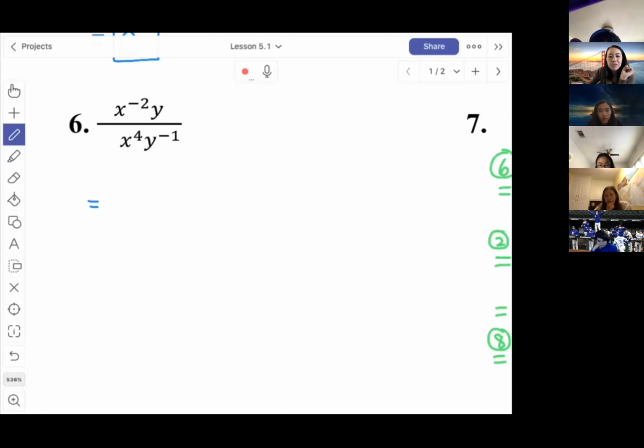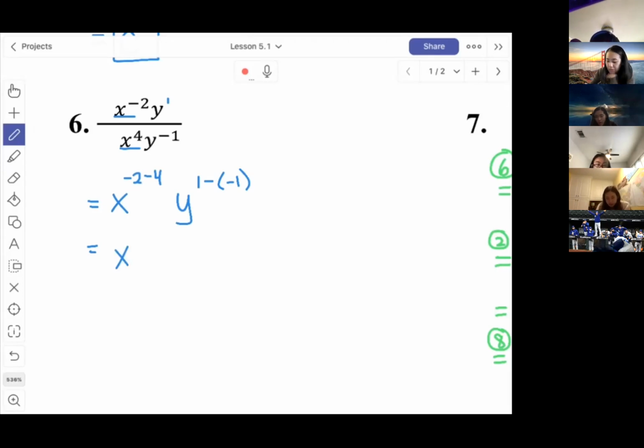Maybe use property number 2 first before you start moving things around. What I mean is just focusing on the x's. When we divide, what do we do with those exponents? Subtract them. Yeah, so this would be -2 minus 4. And then y, this is 1 minus -1. So can you help me from there?